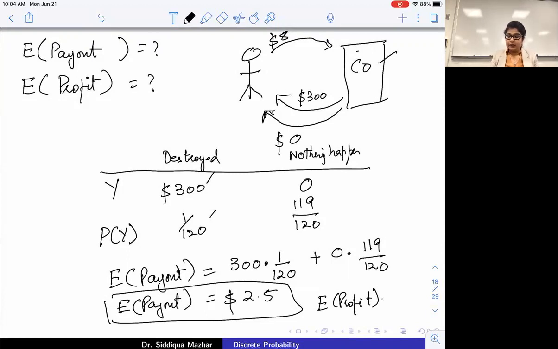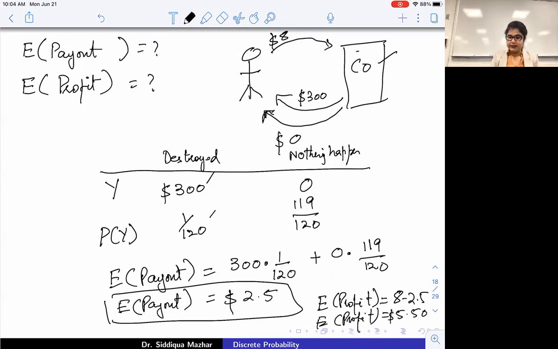So each person is going to pay $8, and on average they are going to pay how much? 2.5, which is $2.50. So if you subtract it, what will be the profit? $5.50. So this is the profit for each customer.